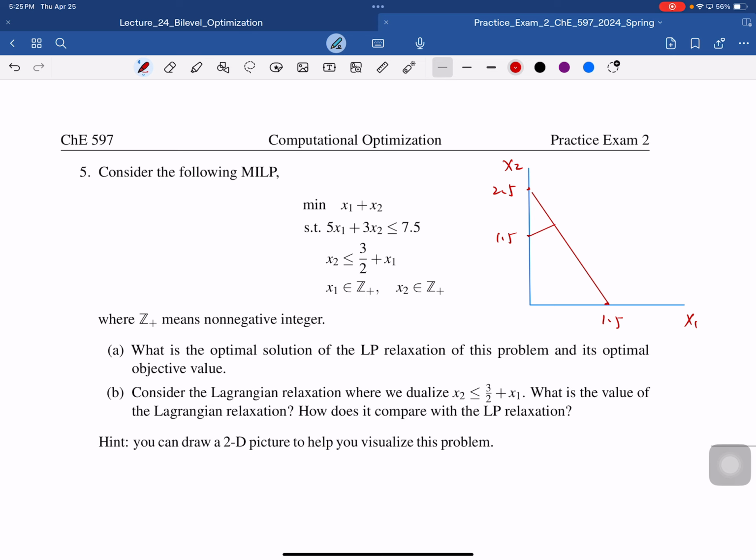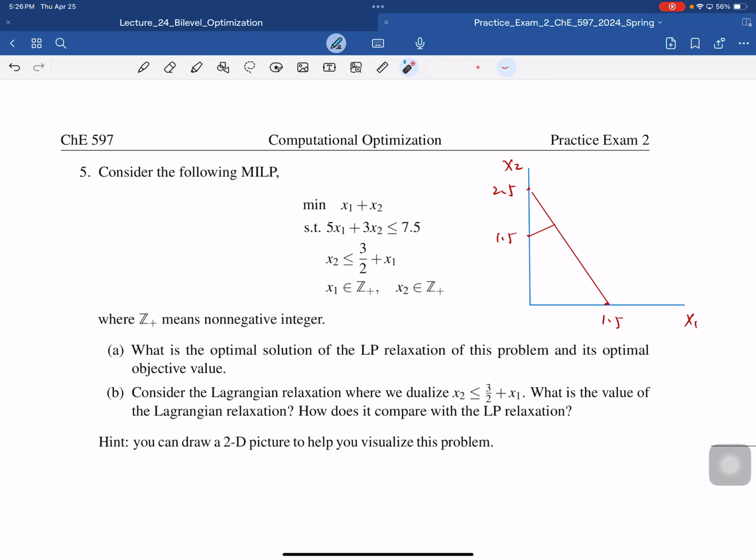So what is the feasible region of this problem? Let's consider the linear programming relaxation first. The feasible region of the LP relaxation is essentially this polyhedron here. Question A is asking for the optimal solution and optimal objective value of the linear programming relaxation.